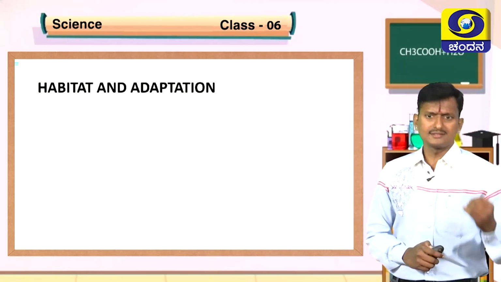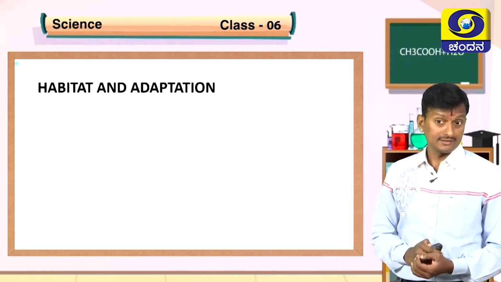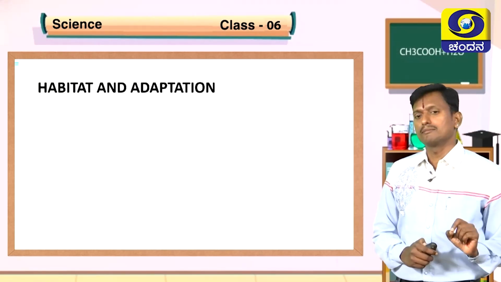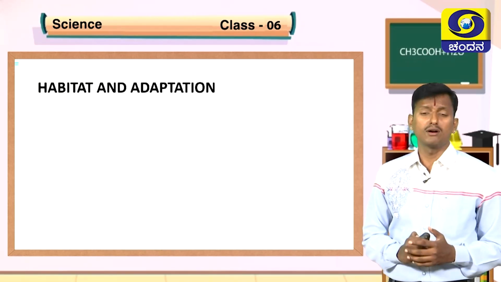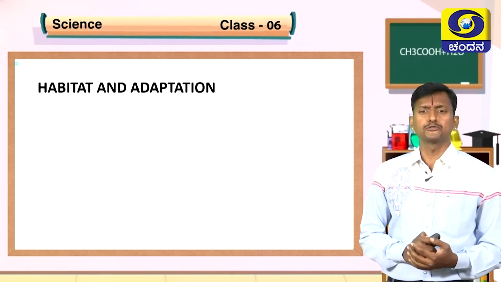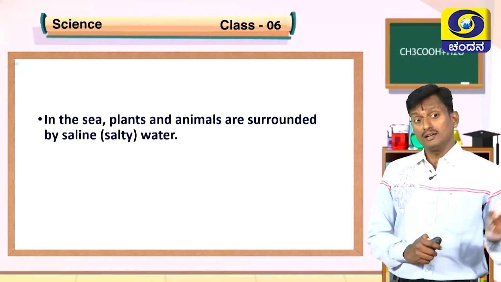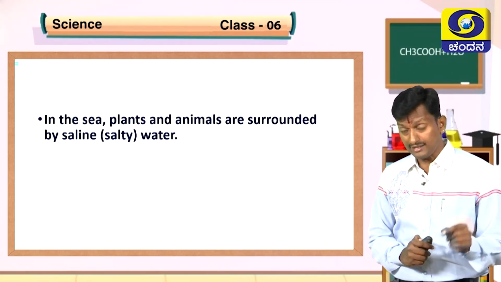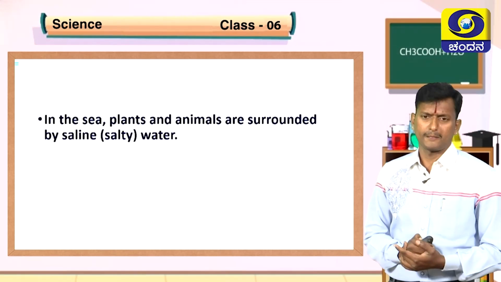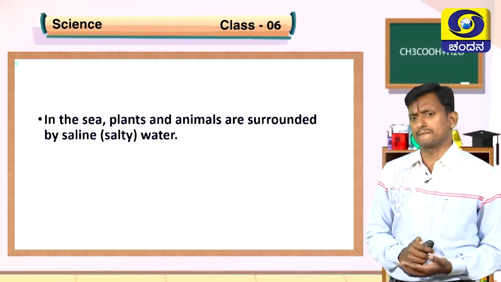Next, let us discuss habitat and adaptation. Students, these are the two main things which are very essential for a living creature to survive on this earth. In the sea, plants and animals are surrounded by saline, meaning salty water. You know that the taste of sea water is salty.